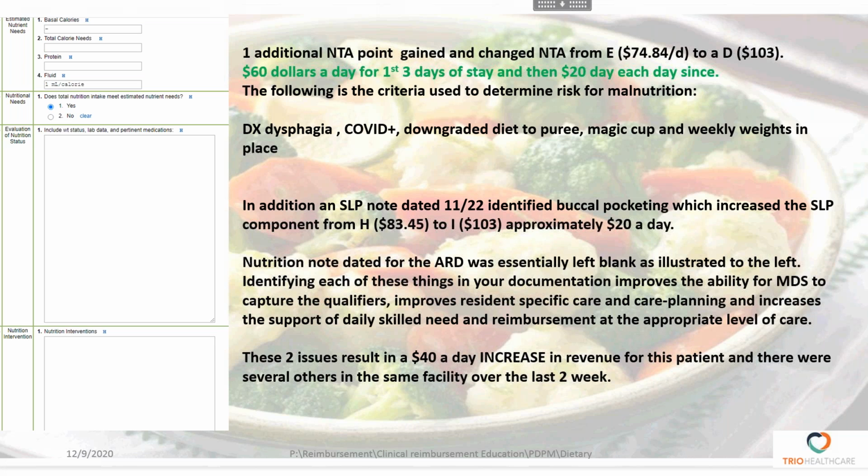We need to make sure that everything that we're doing for this patient from a dietary standpoint is put into these notes and adds value to the medical record. If this medical record went out right now and it gets pulled automatically through PCC, we set it up, blank data is going to be going with this medical record. That's a poor reflection of the facility's awareness of the patient's needs and how we develop a plan of care based on that.